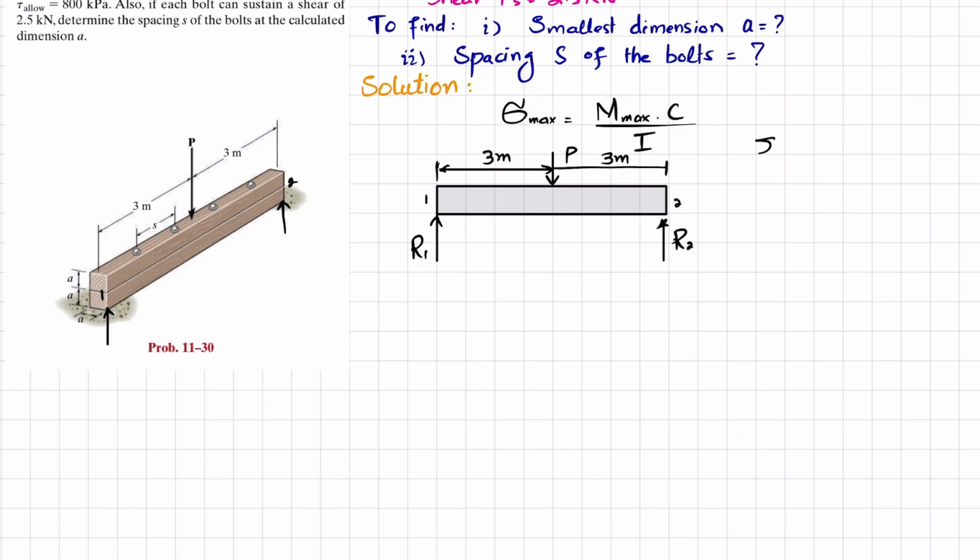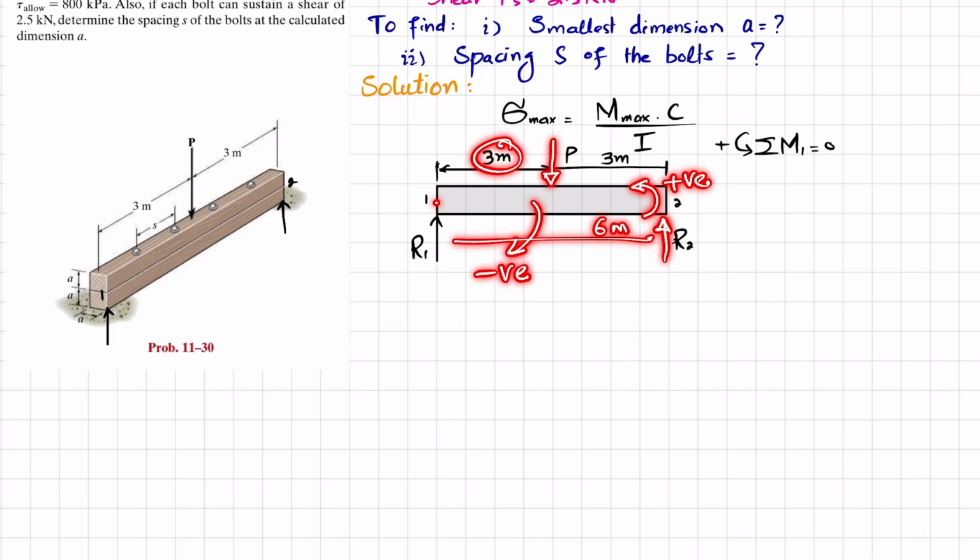So what will be the equilibrium condition? The first equilibrium condition is the sum of all moments about point 1 is equal to 0, taking counterclockwise moment as positive. So P into perpendicular distance 3, which produces clockwise moment so it will be negative, plus R2 into perpendicular distance 6 meter, which produces counterclockwise moment so it will be positive. The sum will be equal to 0.